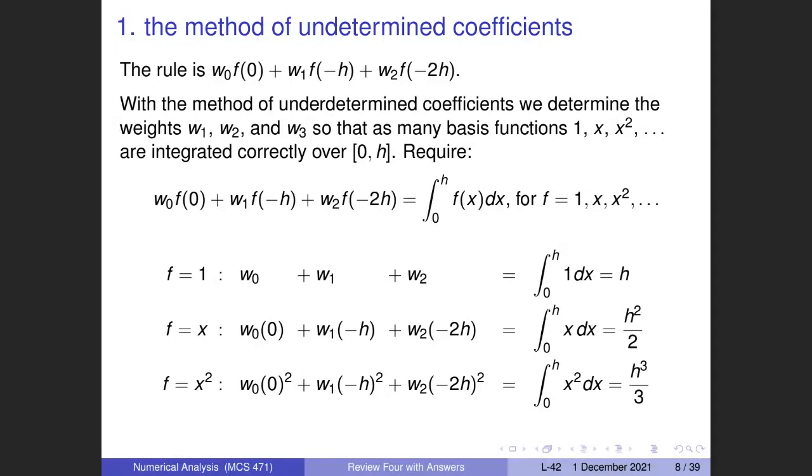We have 3 unknown weights and 3 equations. The equations are linear, so this is solving a linear system again. As a result of that linear system, we will find the unknown coefficients, the values that were given. So the method of the undetermined coefficients is used to set up the linear system in the unknown weights.